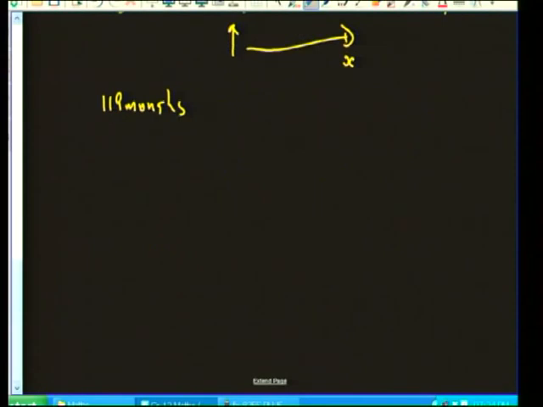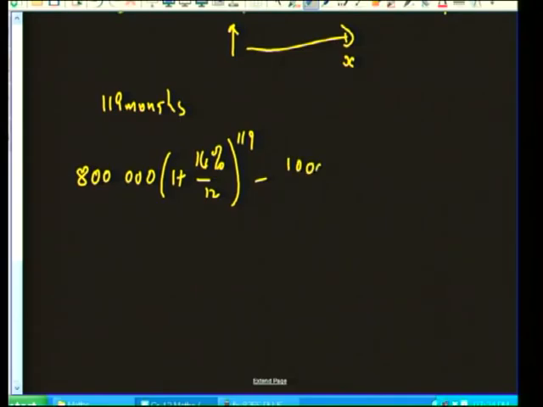So, after 119 months, we've got our 800,000, and it's (1 plus 14% over 12), all to the power 119, and we're going to subtract the repayments that this responsible gentleman made, and that's ((1 plus 14% over 12) to the power 119, minus 1) over (14% over 12).